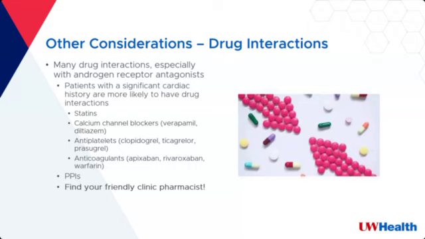So please don't hesitate to reach out to your clinic pharmacist, specifically for apalutamide and enzalutamide because of the vast array of drug interactions that we can see. As soon as I know we want to start a patient on it, I will try to proactively review interactions so we can come up with a plan to manage those prior to starting. But I also, with every education of oral chemotherapy, meet with these patients and go through their medication list and review these interactions to make sure that these are safe to take together.